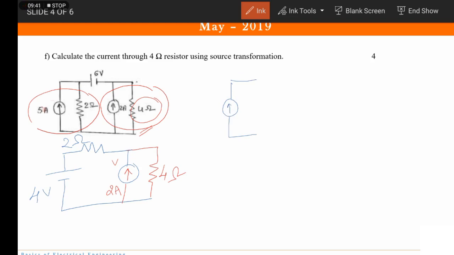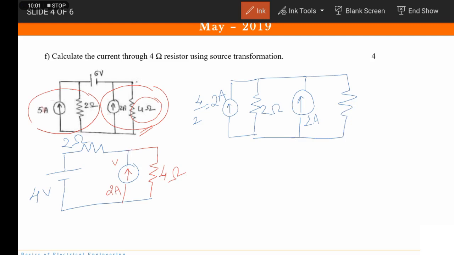So this becomes 4 upon 2, that is 2 amperes, and the resistor goes in parallel. So now this is 2 ohms. Then I have again 2 amperes and the 4 ohm resistor is there.